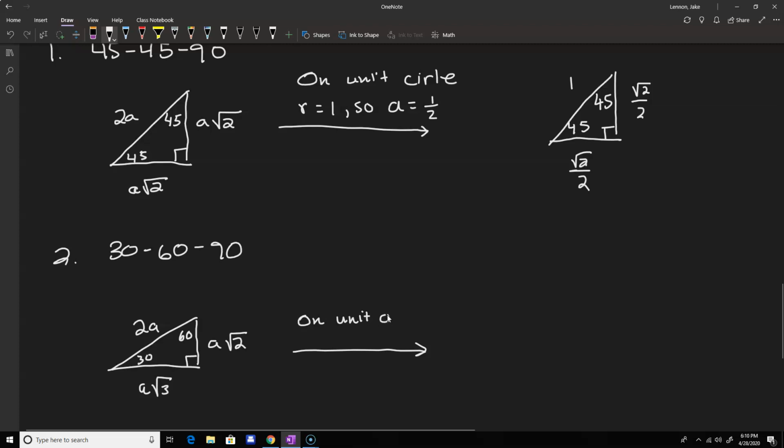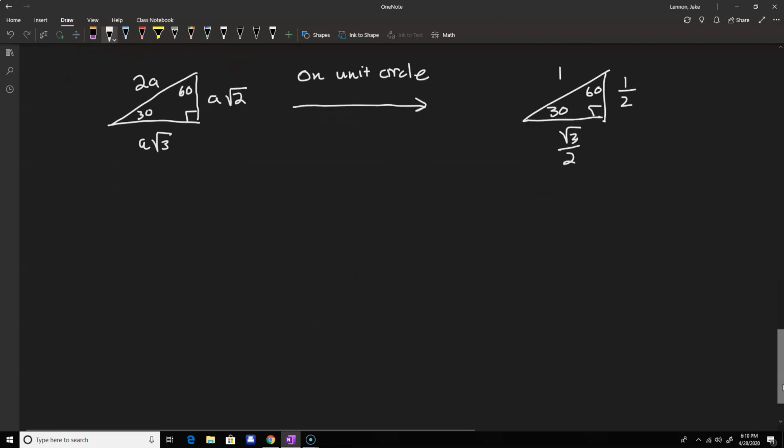So on this unit circle, we'll have 1 as the hypotenuse, which makes the short side 1/2, and the longer of the two sides the square root of 3 over 2. Okay, so this will allow us to basically determine the sine and cosine of any angle that's a multiple of 30 or 45 degrees in the unit circle.